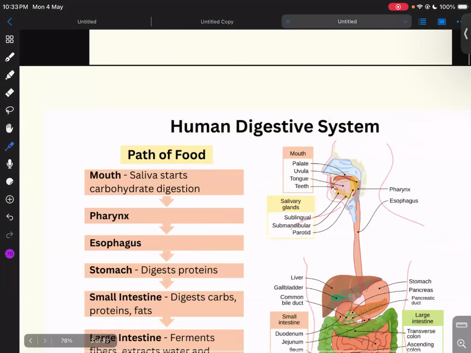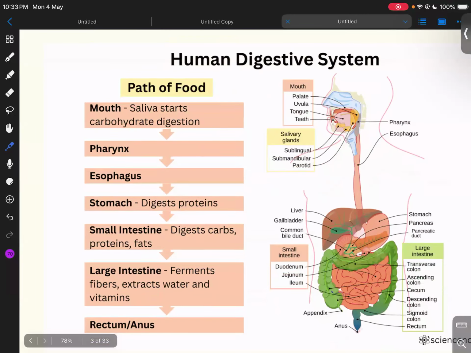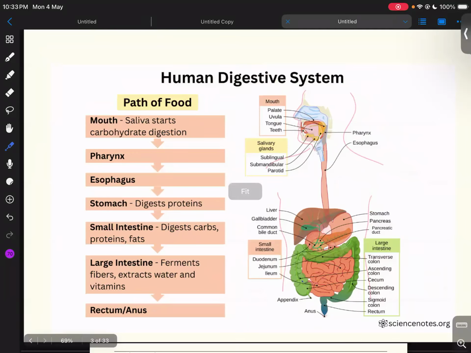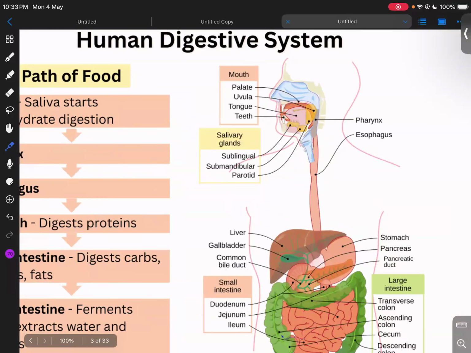So let's discuss the approach to dysphagia. If we consider our digestive tract, it starts from the oral cavity. After starting inside the oral cavity, the food gets processed by the tongue and the saliva. Then it enters at the back of the oral cavity.